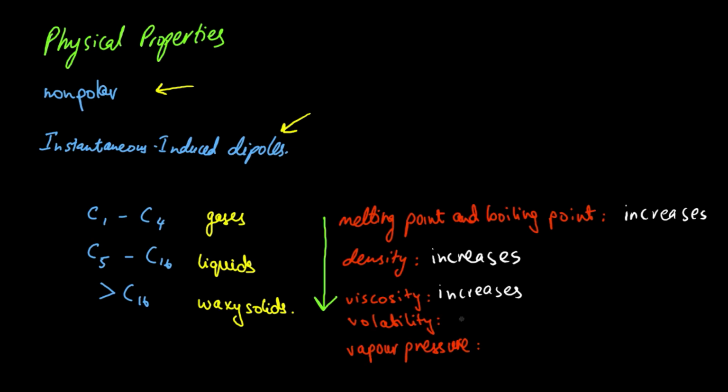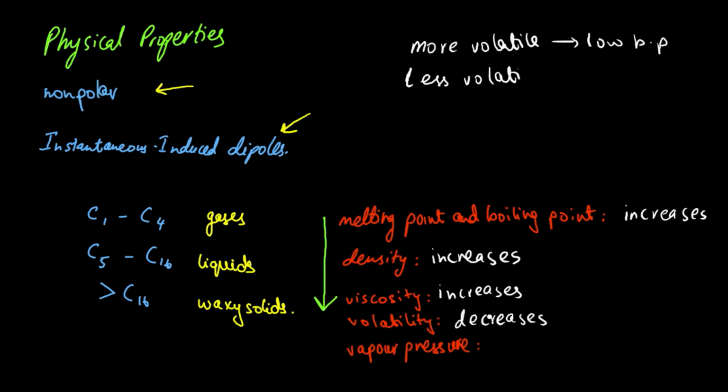Moving on to volatility. Now, the volatility will decrease. It decreases because the boiling point increases. Since we know as a fact that a substance is more volatile if it has a low boiling point, and conversely a substance is less volatile if it has a high boiling point.